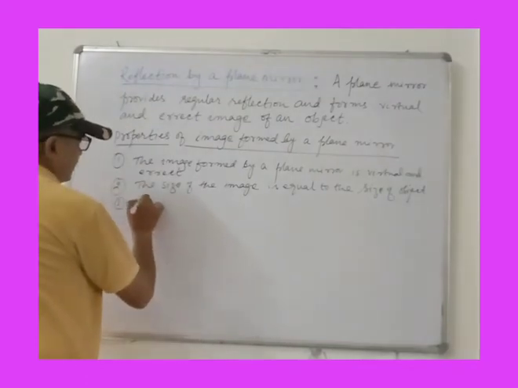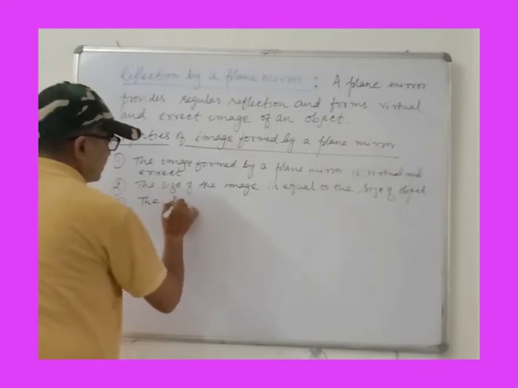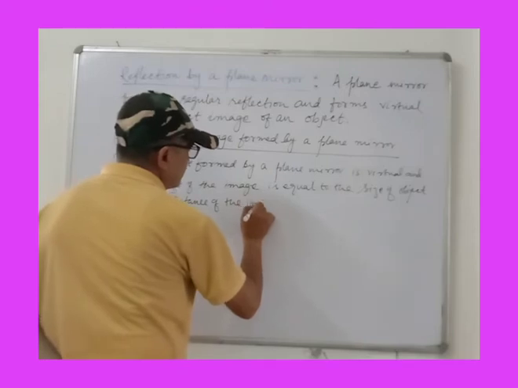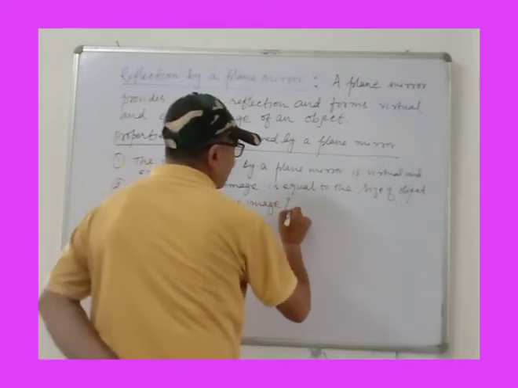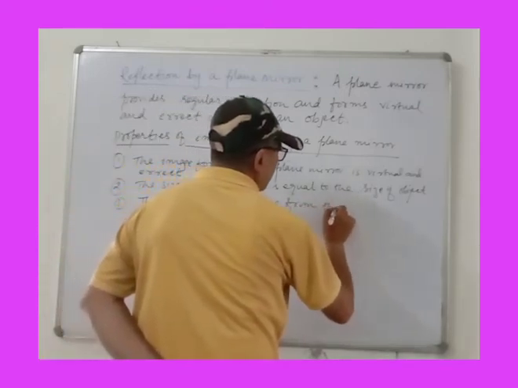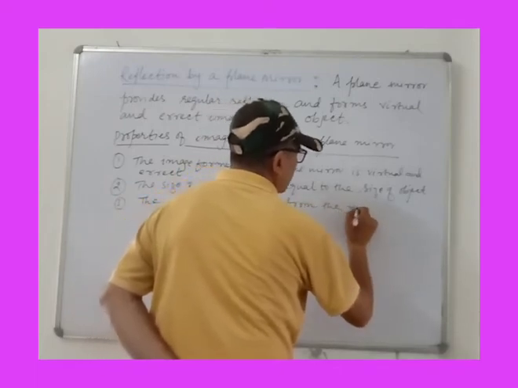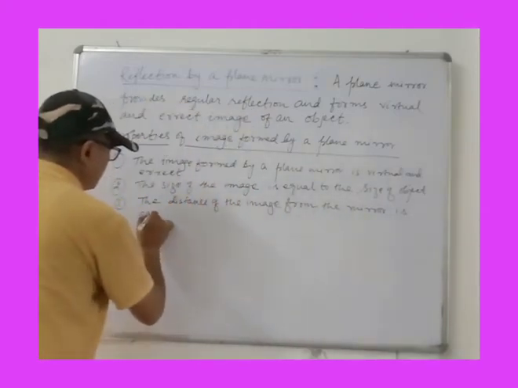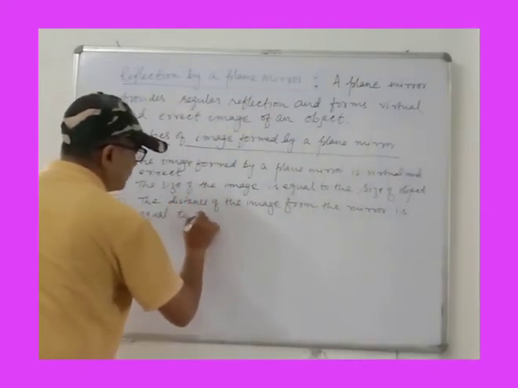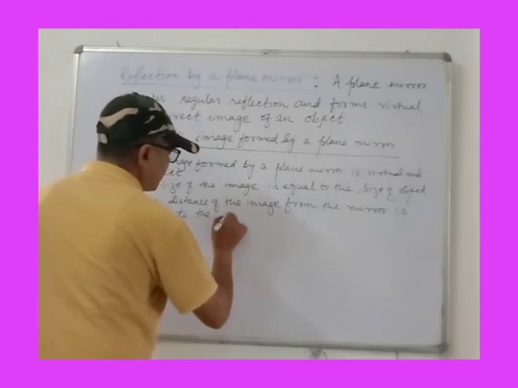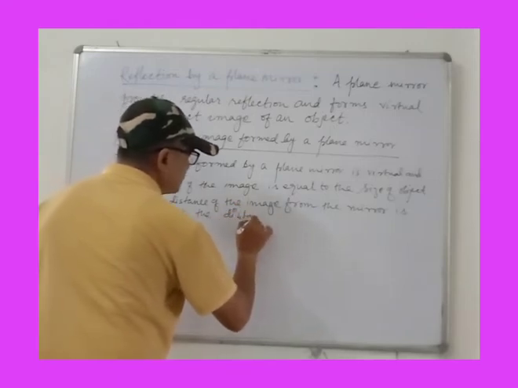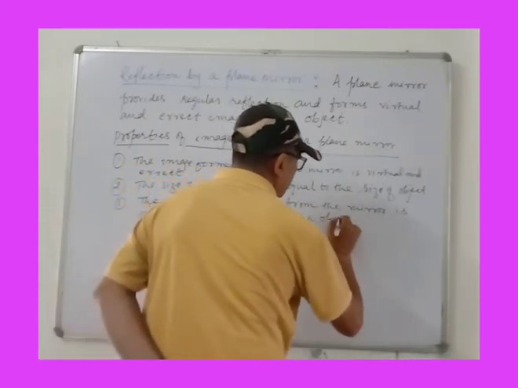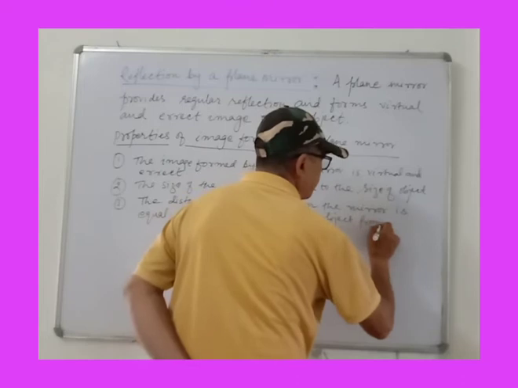And number 3, the distance of the image from the mirror is equal to the distance of the object from the mirror.